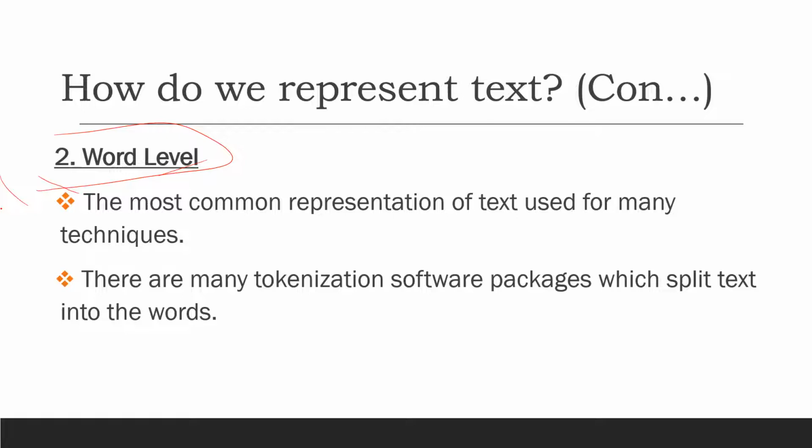Am I correct? Rather than character level representation, most of the time we are using word level representations. The important thing is, whenever you are processing a document, you can't go through every word in that document. So we need to omit some words. Stop words are there.